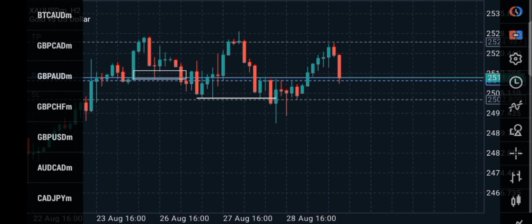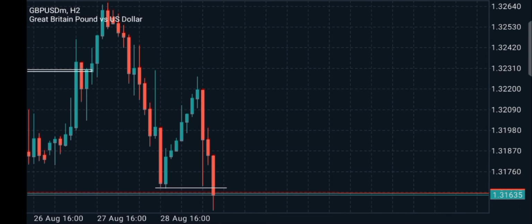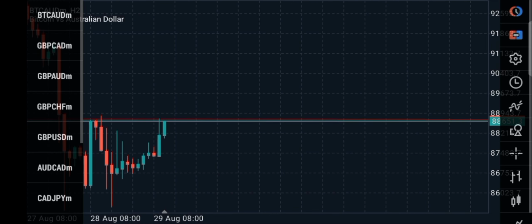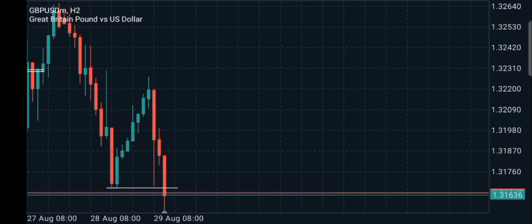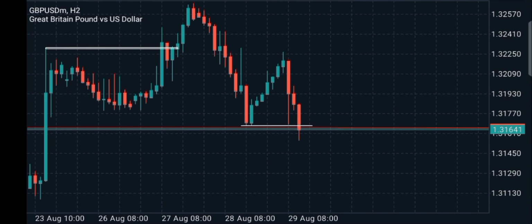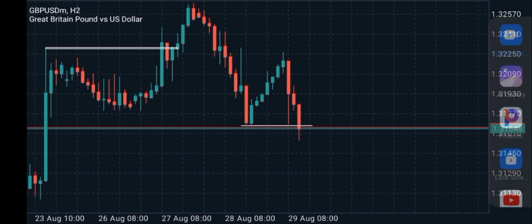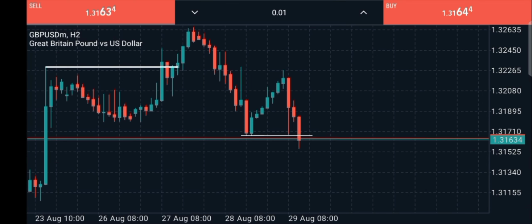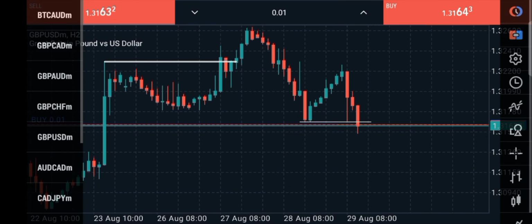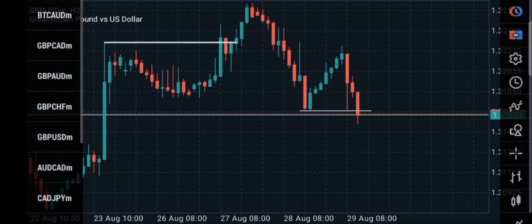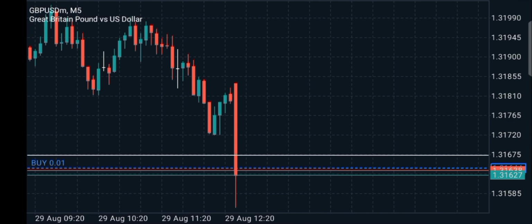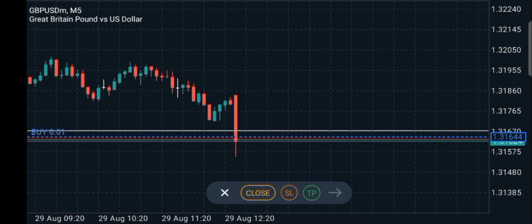So let me also go to GU. I have something I've been waiting for. So yeah, we just look out this previous low and it's more like a shift. So I'll be buying from this particular zone, guys. I'll be doing a cover video where I'll explain how I got my entries and why I took this particular setup, from here down to only two pairs, gold and GU.